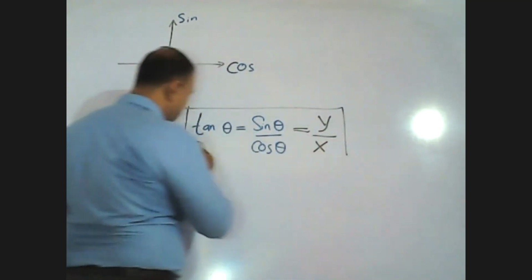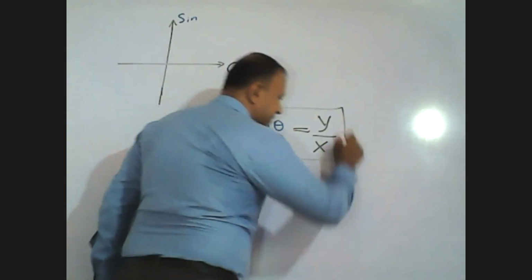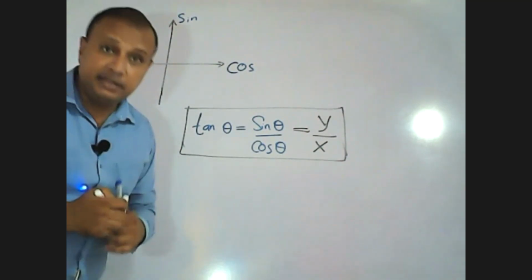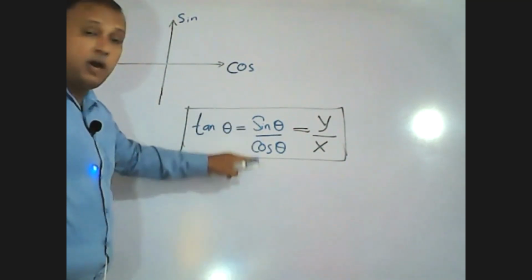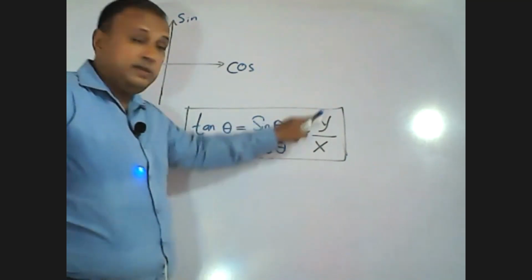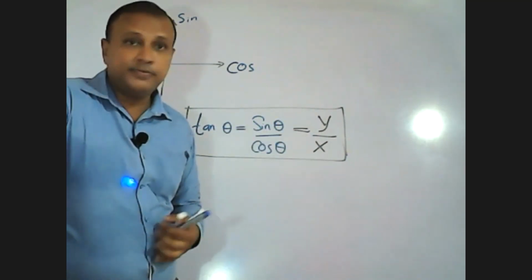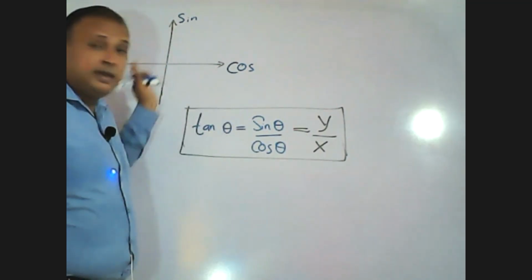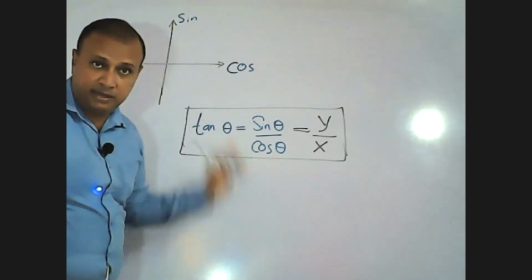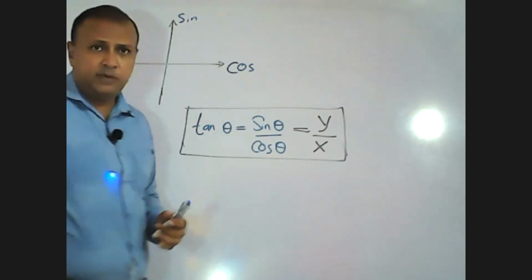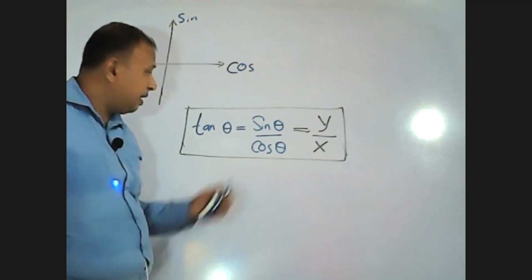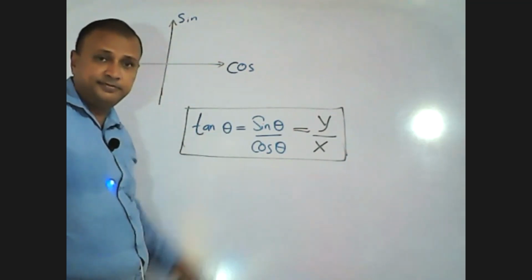This is the definition of tan theta: sine theta over cos theta means y over x. This relationship has been proven in our previous class, so I'm not going to prove this again.